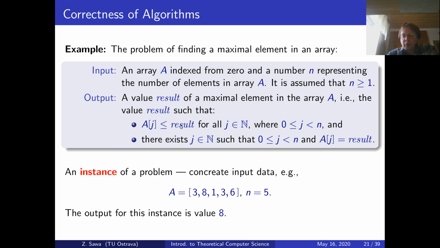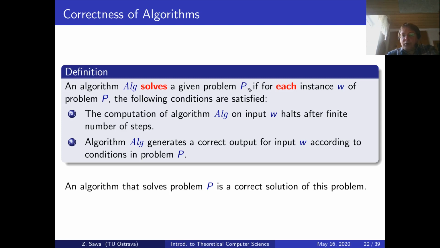What is important is that it should hold for each instance. Then we say that the given algorithm solves the given problem, or that it is a correct solution of the given problem.